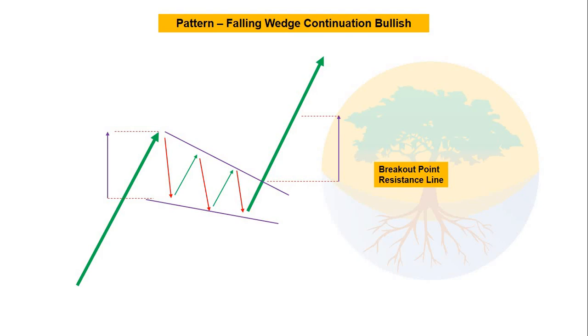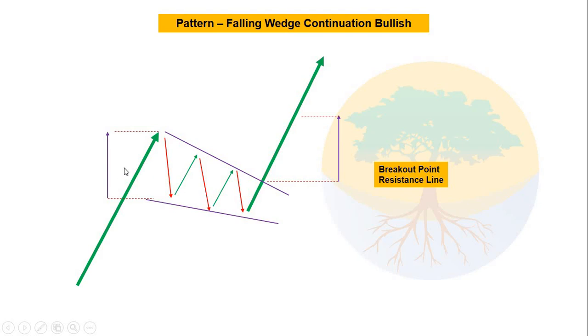or even months. But then when it breaks, it represents a good opportunity for price to rally in the continuation direction. In this case, we are looking at the bullish direction, so it will be continuing upwards.